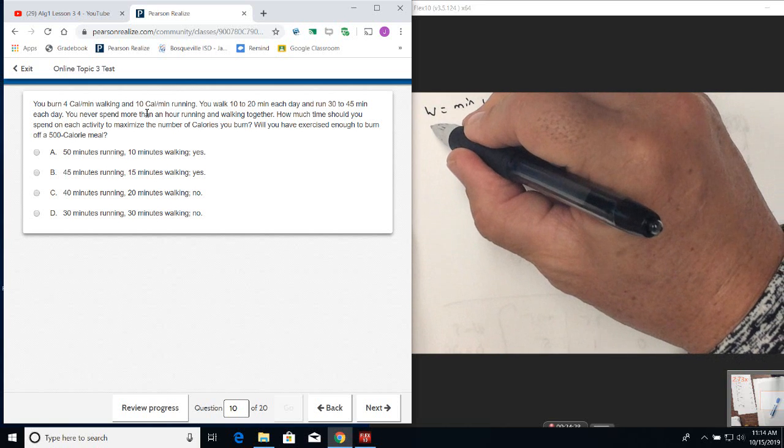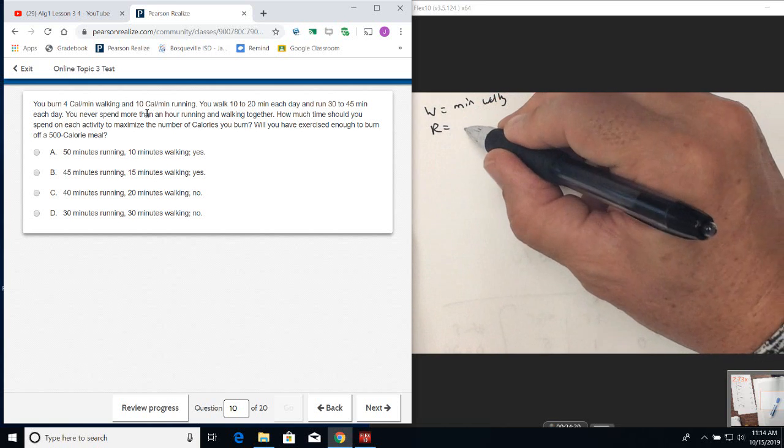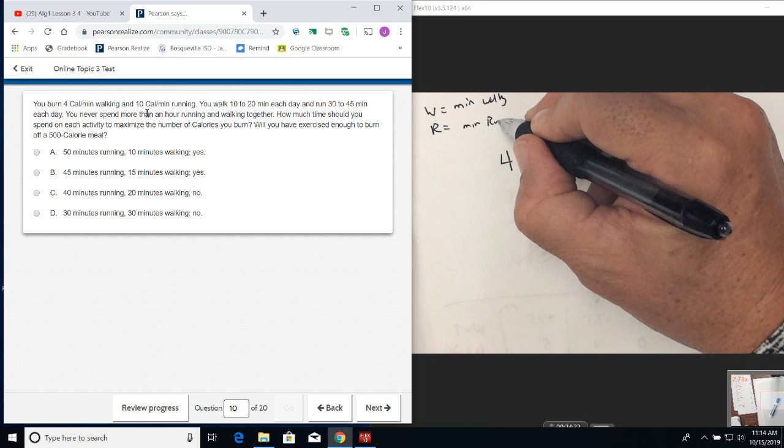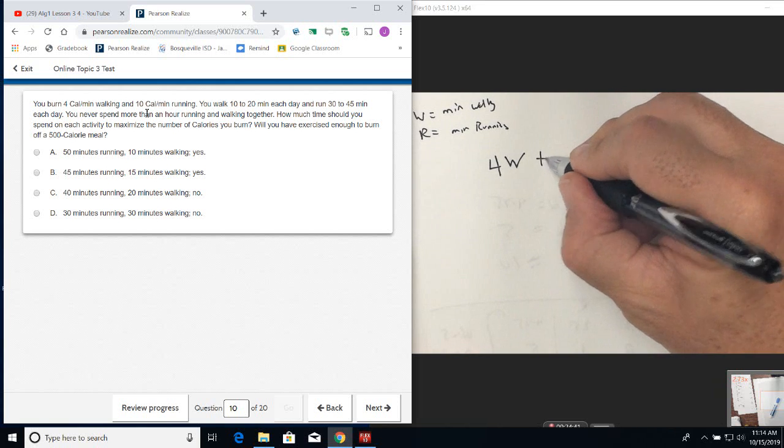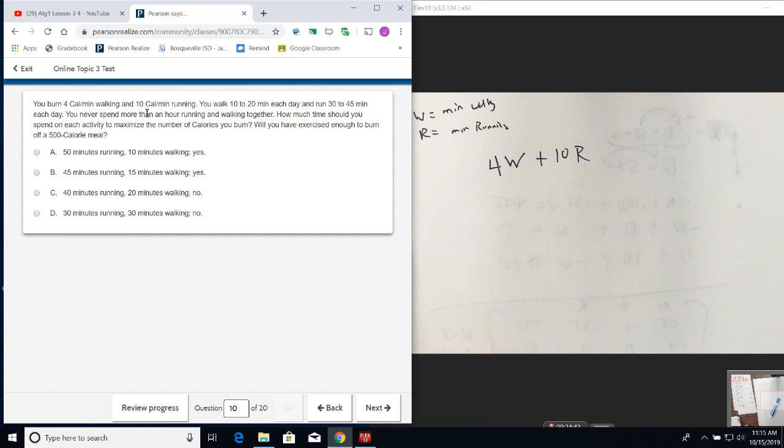And then let's let R be equal to the minutes running. If I burn 4 calories per minute walking and 10 calories per minute running, if I combine those two activities, will I burn so many calories? Well, how many calories does it look like that I want to burn?